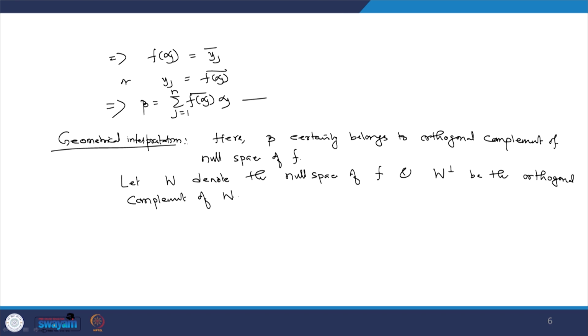I mean to say the inner product of alpha and beta will be equal to 0.